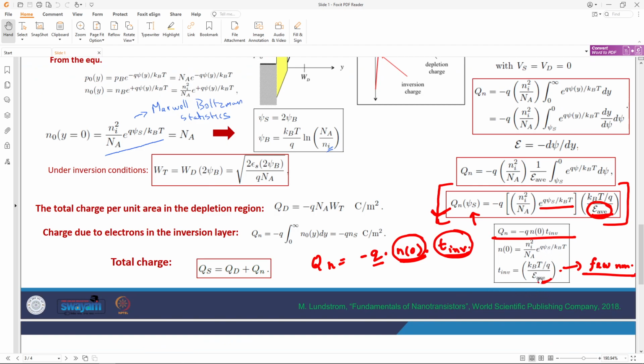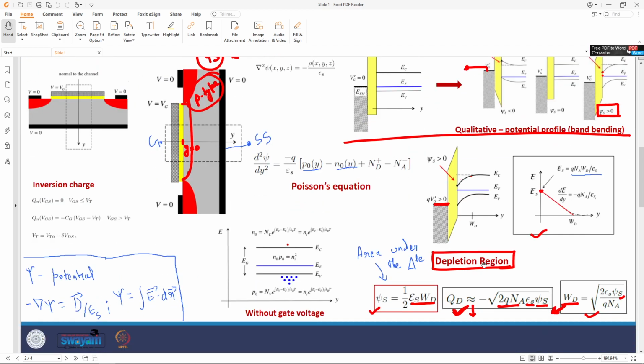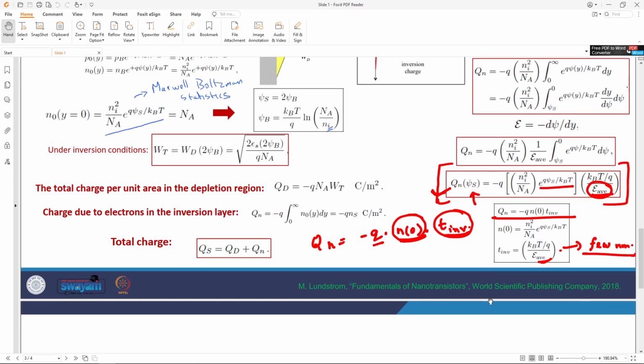It's kBT by q divided by the average electric field, which you can assume to be the surface electric field for all intents and purposes. kBT upon q has the units of potential, so dividing that by an electric field gives us the dimensions of distance.